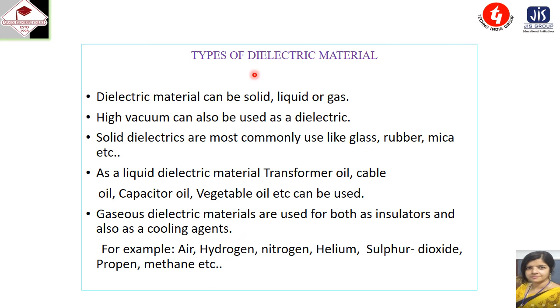Now the types of dielectric material. Dielectric material can be solid, liquid or gas. High vacuum can also be used as a dielectric. Solid dielectrics most commonly used are glass, rubber, mica, etc. As liquid dielectric materials, transformer oil, cable oil, capacitor oil, vegetable oil, etc. can be used.